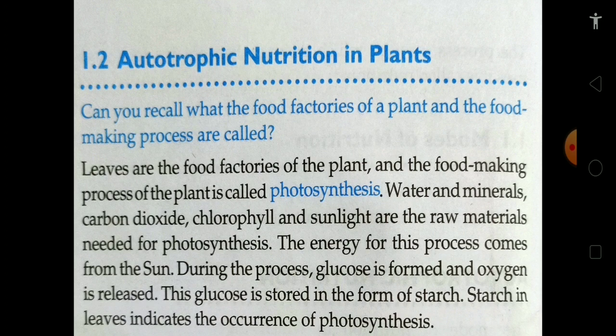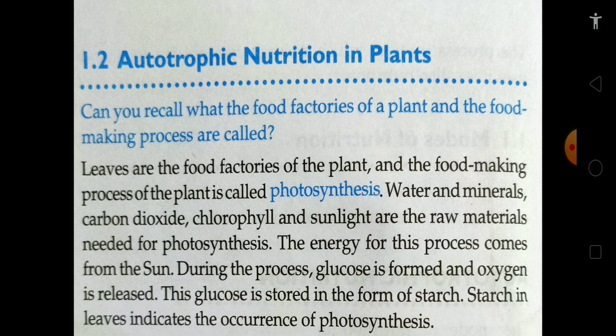So leaves are known as the food factory of the plant, and the food making process is known as photosynthesis. During photosynthesis, water, minerals, carbon dioxide, chlorophyll and sunlight are the raw materials. That means these things are essential for the photosynthesis process.